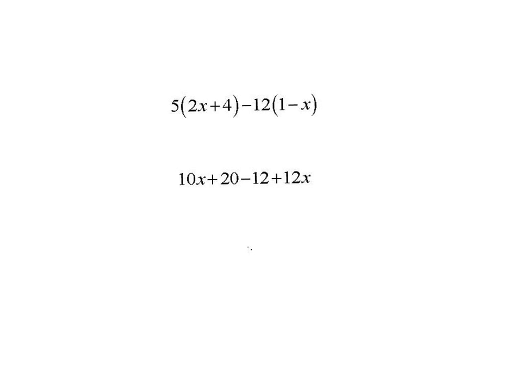All we need to do now to finish it up is collect like terms. So 10x plus 12x gives us 22x, and positive 20 plus negative 12 gives us positive 8, and we've finished simplifying.